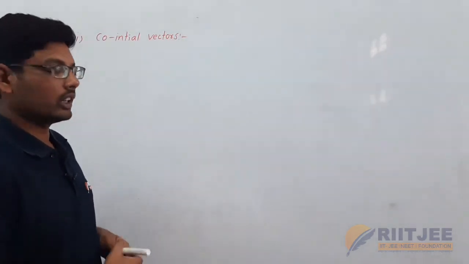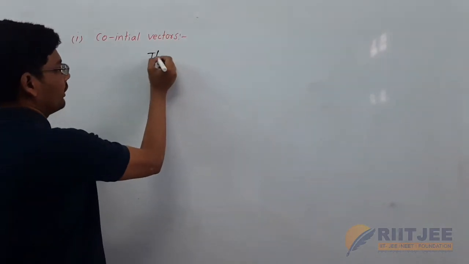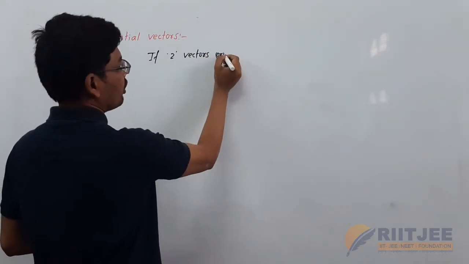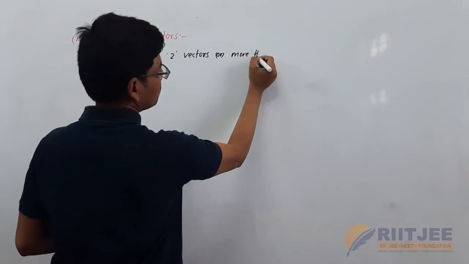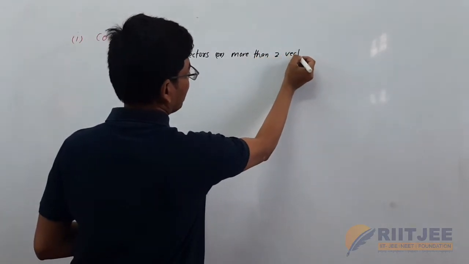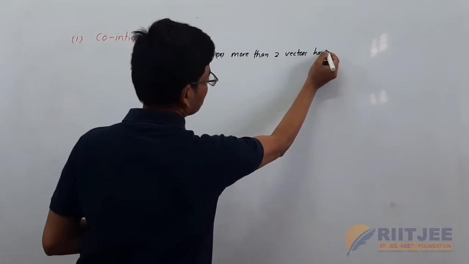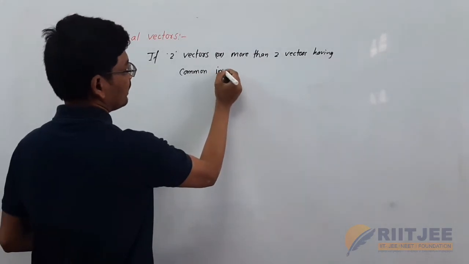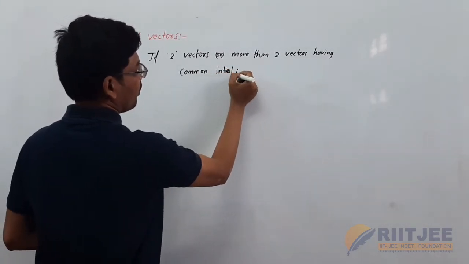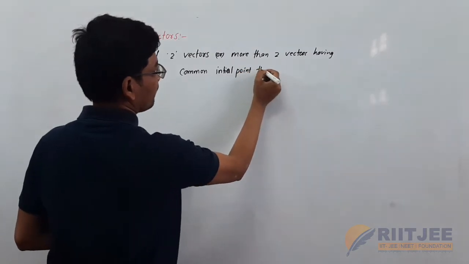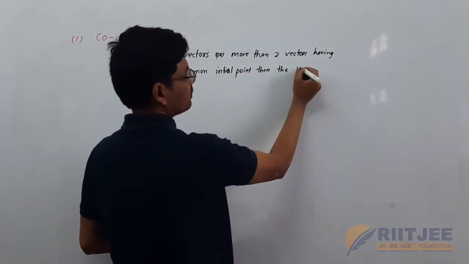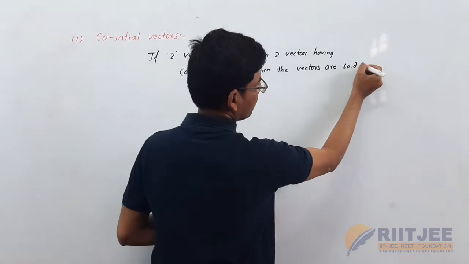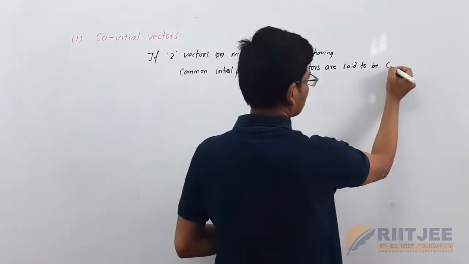If two or more than two vectors having a common initial point, then the vectors are said to be coinitial vectors.